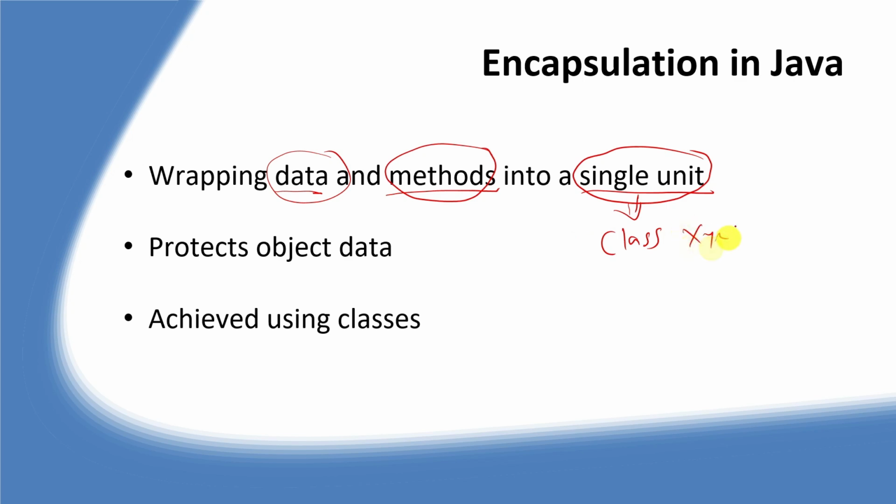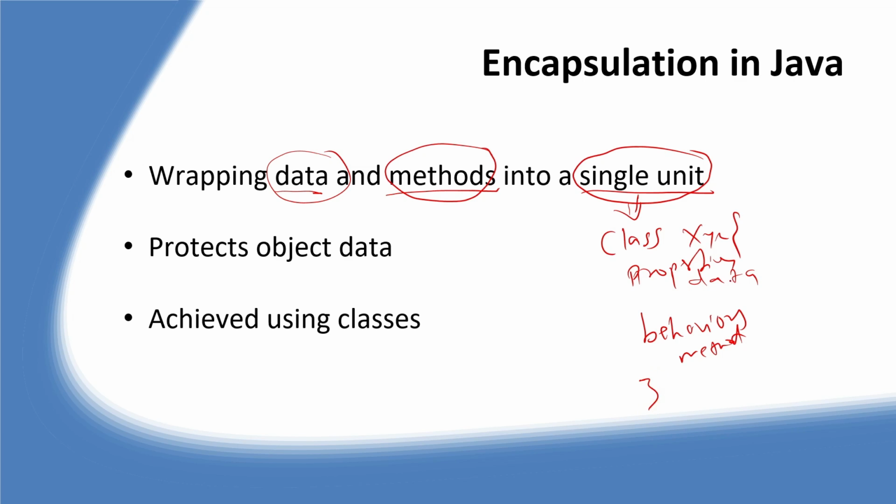Here we have properties and behaviors. This property is what? Data. And this behavior is what? Method. So a class has data and methods.